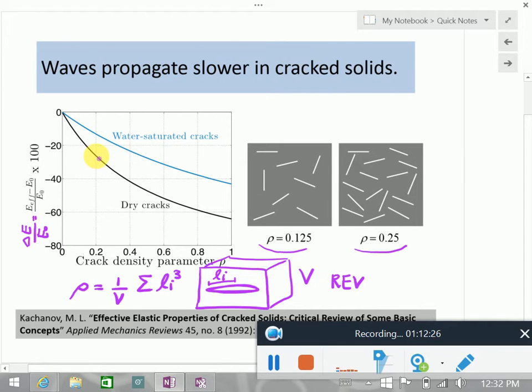Let's say for 0.2, in the very ideal case, if the crack density parameter is about 0.2, the change in elastic constant is, let's say, maybe 25%. And it's much smaller if you have water inside.